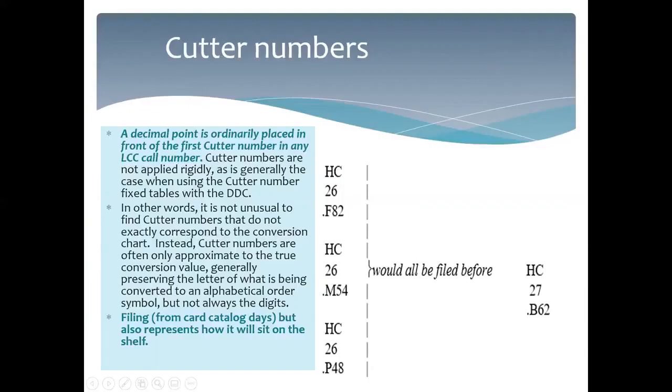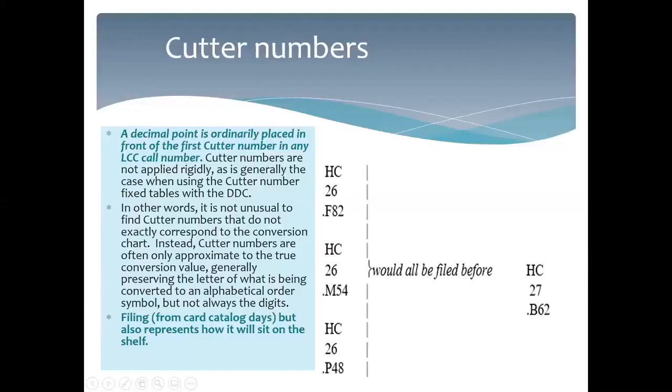And then you look at your numbers if you have things that are the same. If you have HC27.B62, these are all going to go before that because HC and then 26. So these are all 26, and those will go before that. Now again, LC will tell you this part of it typically, and then you would need to figure out this part of it.